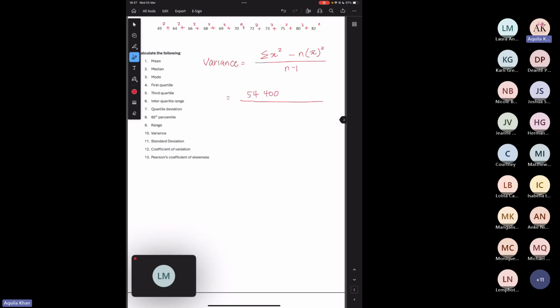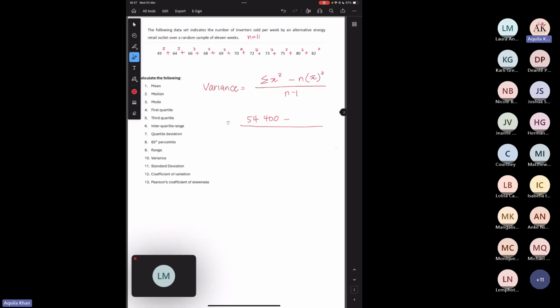So when you sum them up, it gives you a total of 54,400. Then you're going to subtract from that n, which is 11, remember? And then it's multiplied by your mean, which we did in question 1 was 69.82. So it's 69.82 squared. And then it's over n, which is 11 minus 1. So again, you can put this whole thing that we just wrote out onto your calculator. You don't have to do them in parts or anything of the sort.